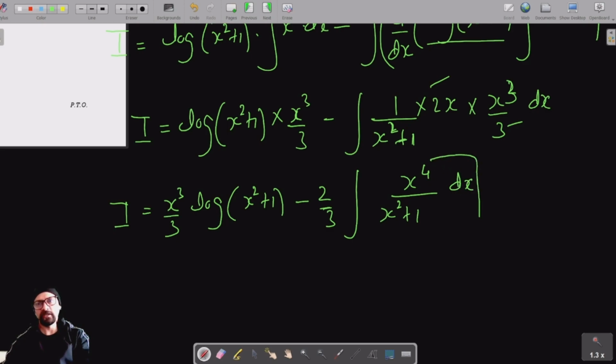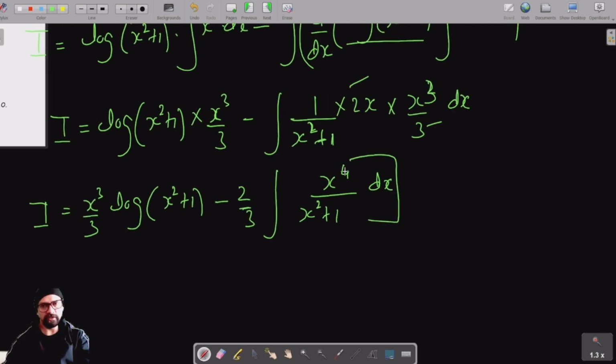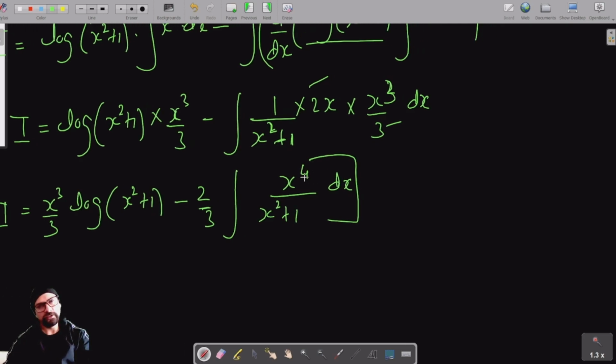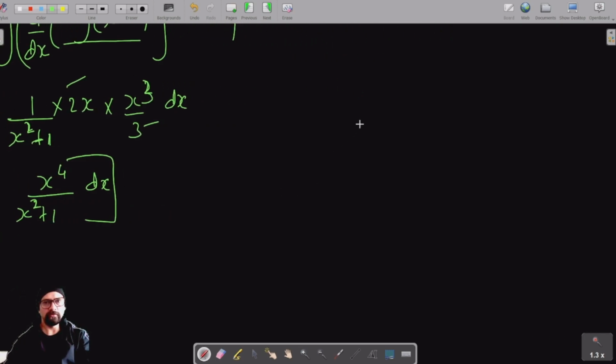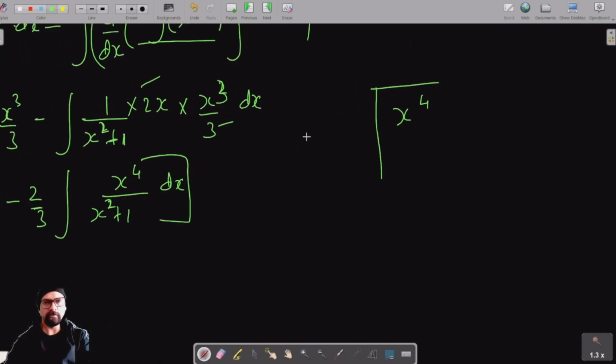Now this is an improper function where the degree of the numerator, that is x raised power 4, has degree 4, and the denominator has degree 2, so we are going to divide and convert this into the proper form.